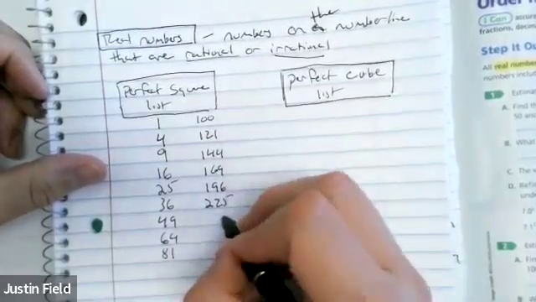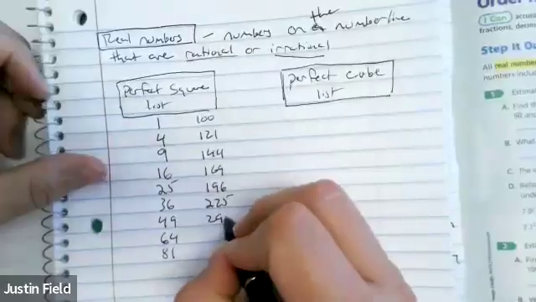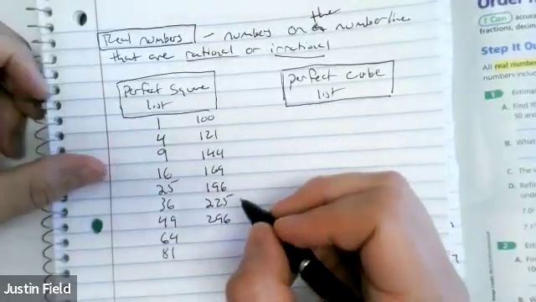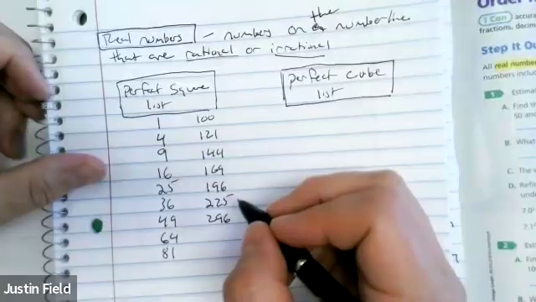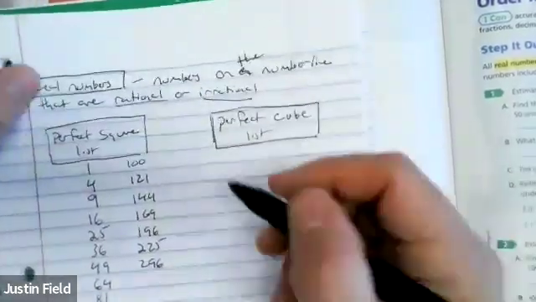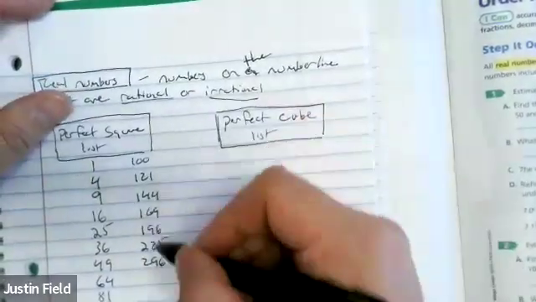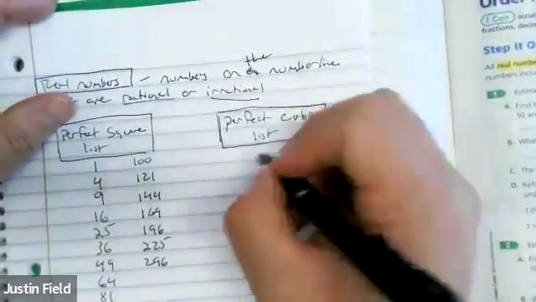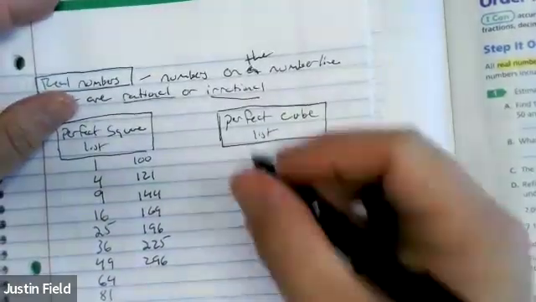And we might as well do 16 times 16, 256. You can go up as high as you want, but at least to 15. In the perfect cube list, we're going to go up 10 spaces.